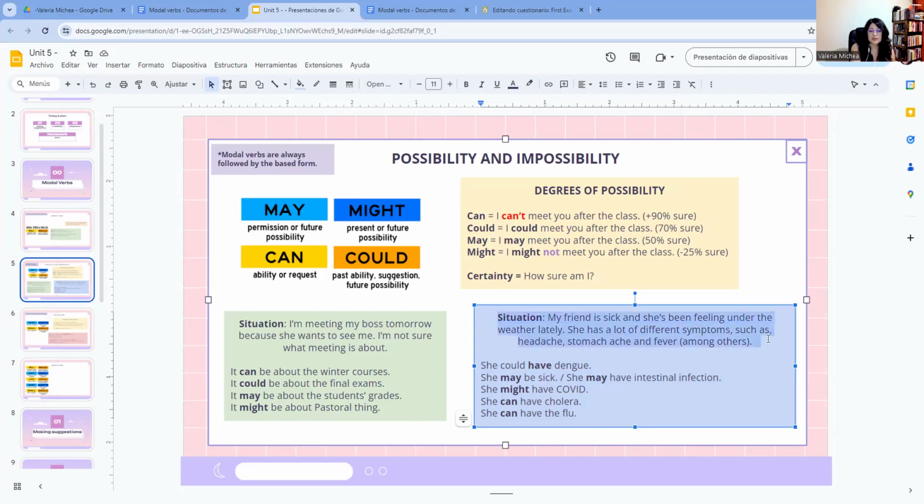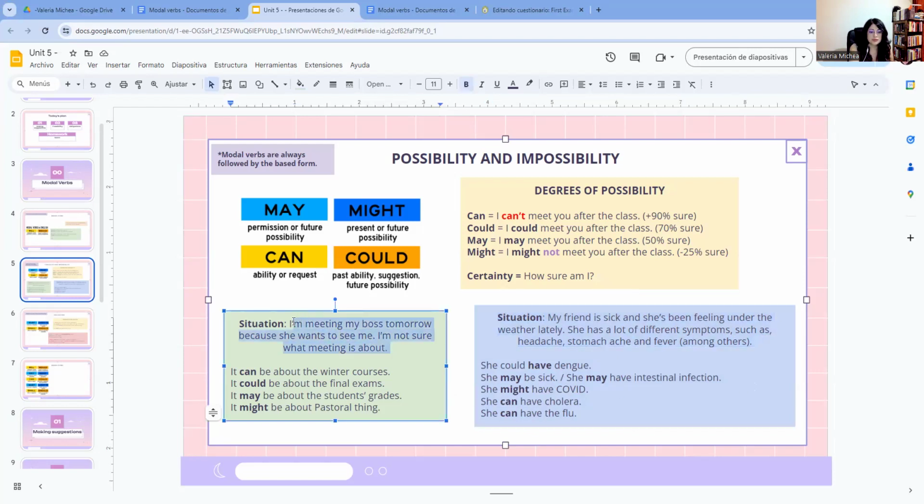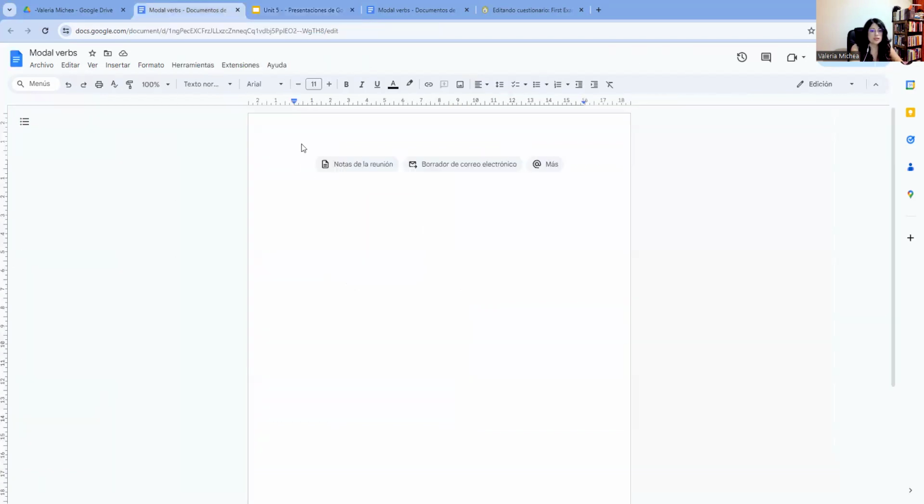For example, this is the situation that we talked about last class. My friend is sick, she's having some symptoms, etc. So let me use this one and give you an example of what I expect you to write.